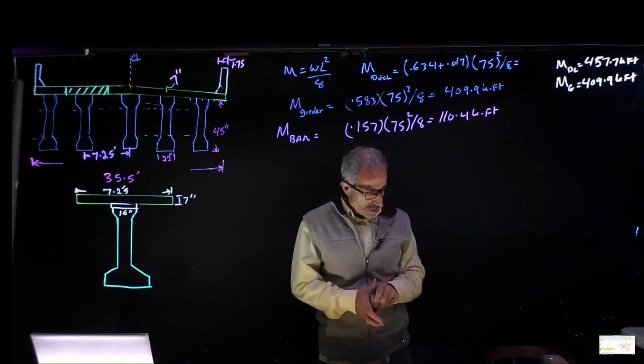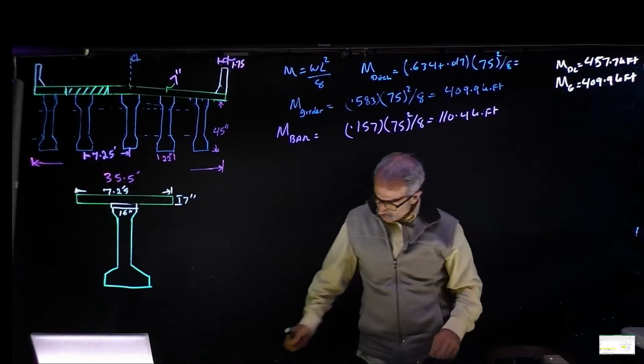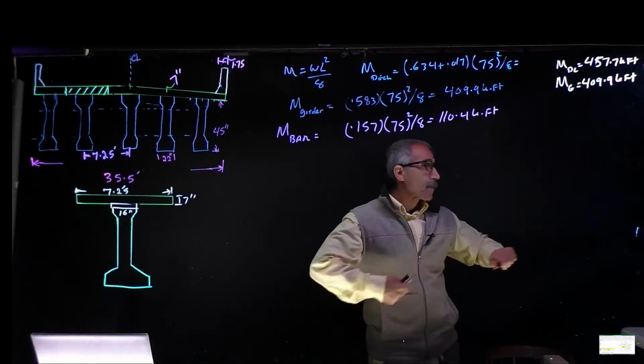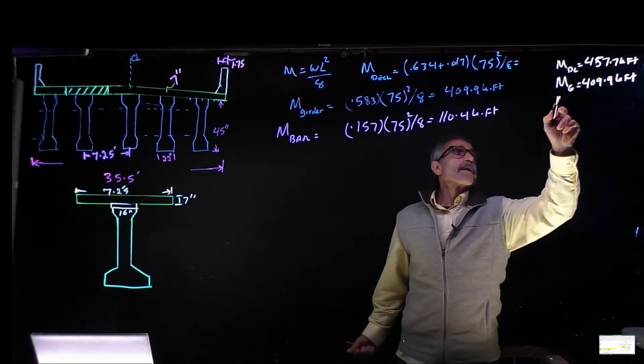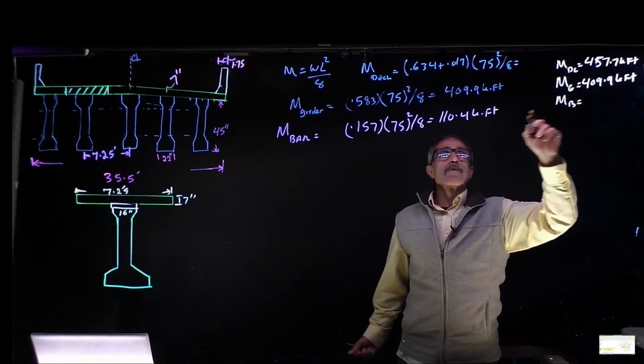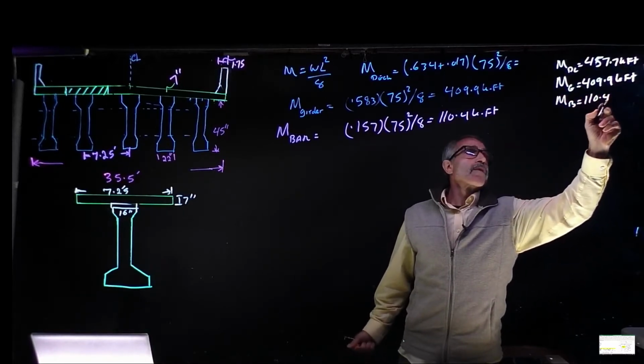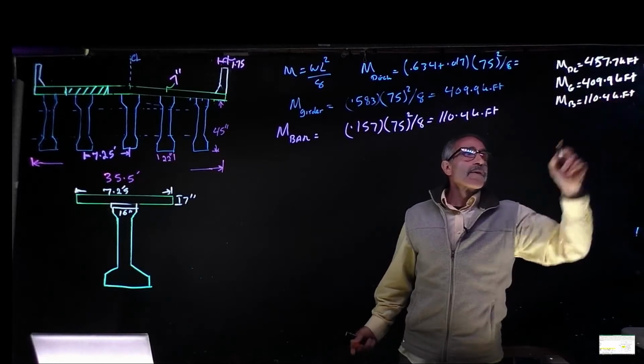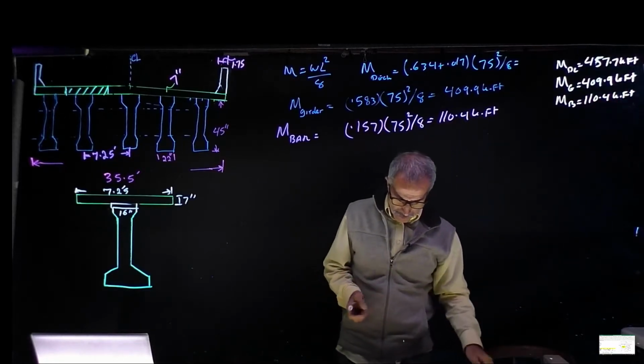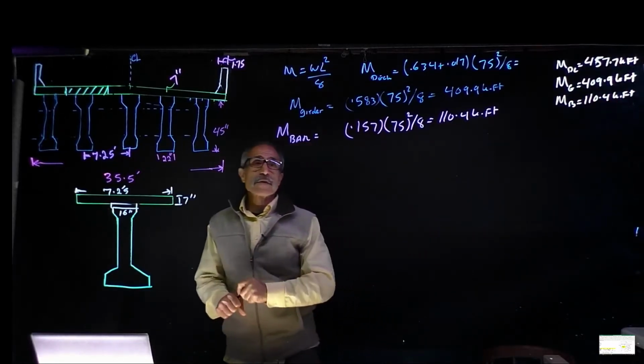Let's write that down over here. So we have that one too. M barrier came out to be 110.4 kip foot.